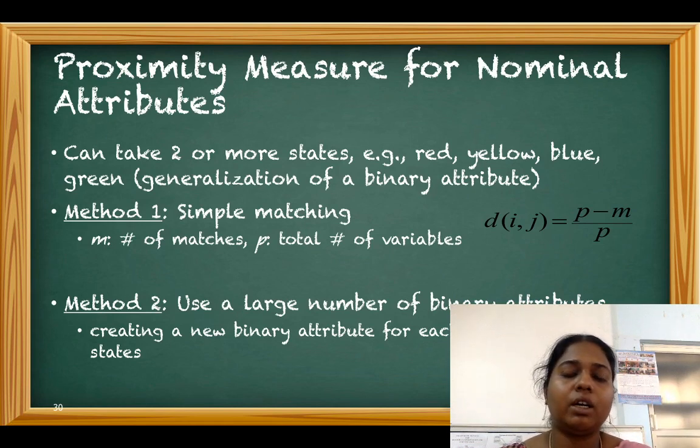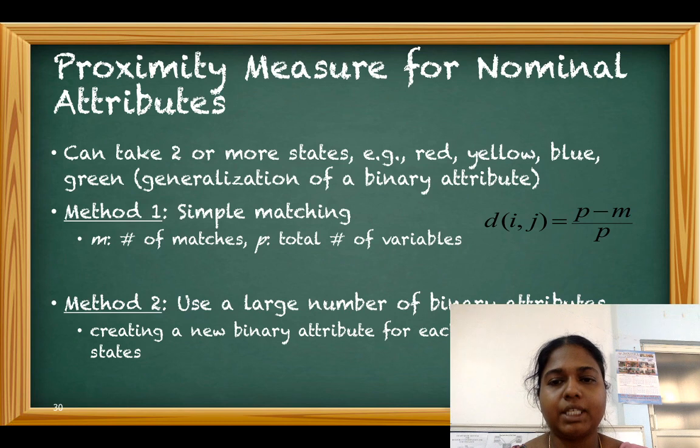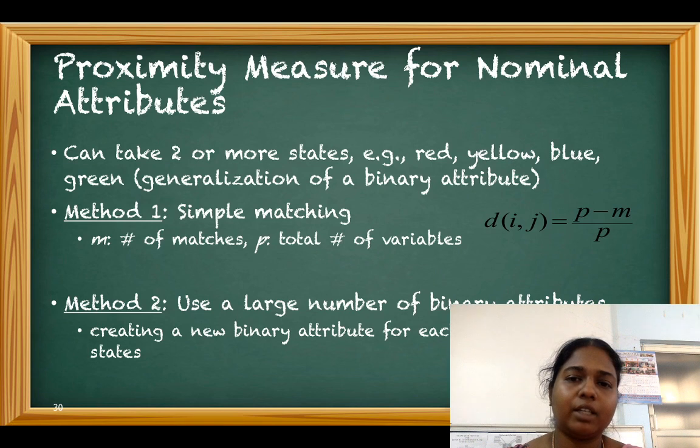The first method is finding the number of matches. Between two different attributes, say for example I have the representation of two students and their favorite colors. So I can have red, yellow, blue and green as values that the favorite color attribute can take. The distance or the similarity between the two students depends on the number of matches.